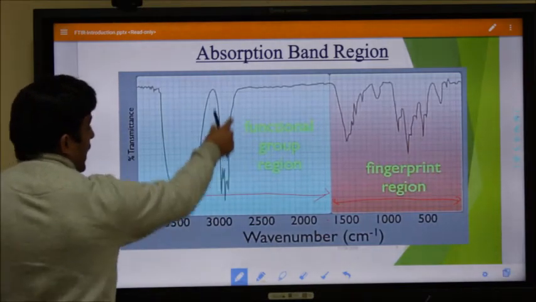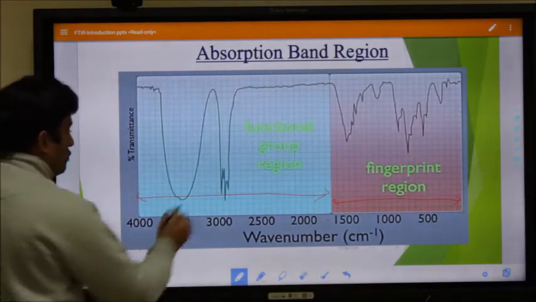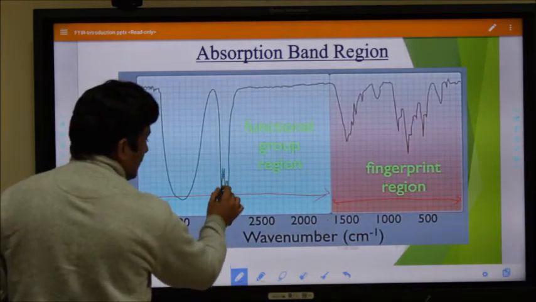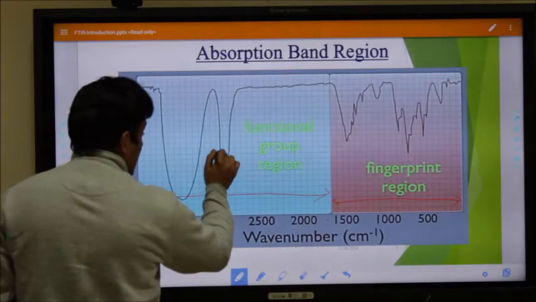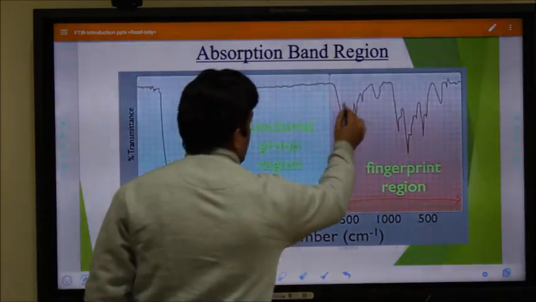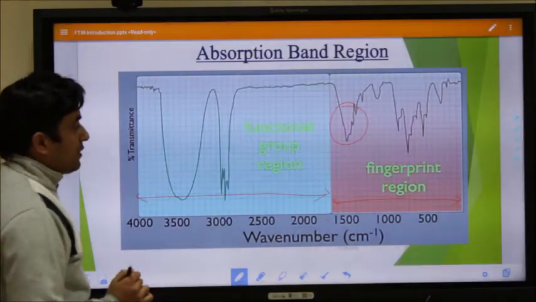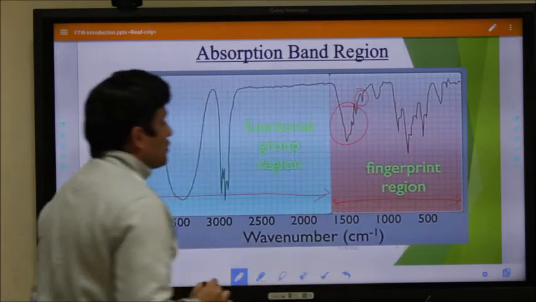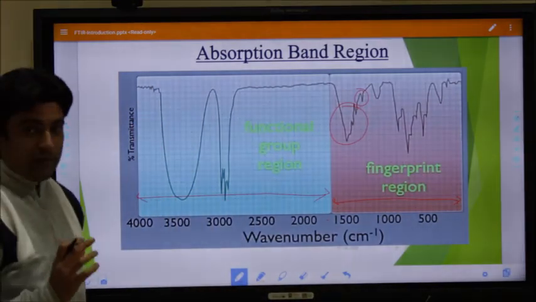This is a very sharp peak, tapering at the end, and it also has branch-like ends. You can see peaks of this type also, which are medium, and you can also see such small peaks. So these are the types of peaks which are observed in an FTIR spectrum.